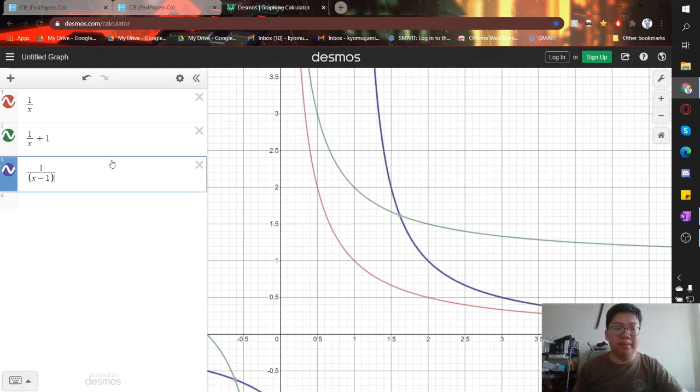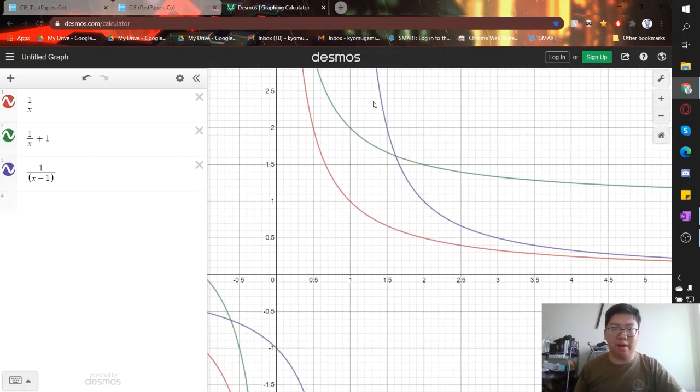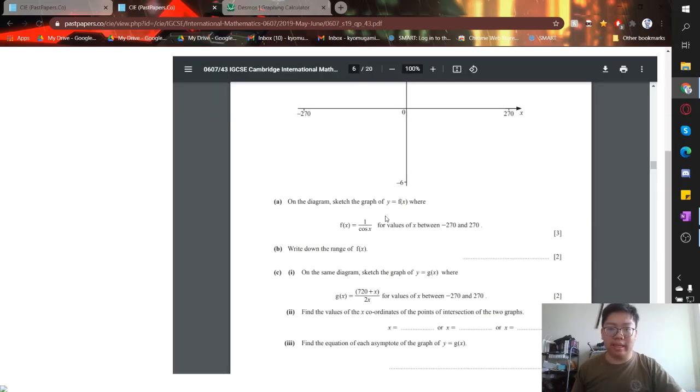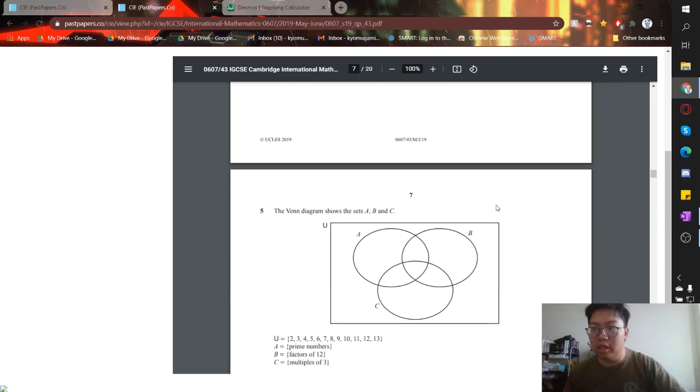Because anything over 0 is undefined, because it's apparently infinity, as the graph shows. In this case, they're very nice. They gave us 2x as the denominator. So all you need to say is x is equal to 0 for the vertical asymptote. Great.